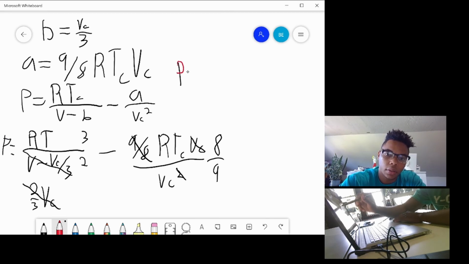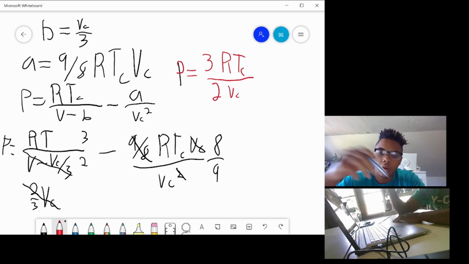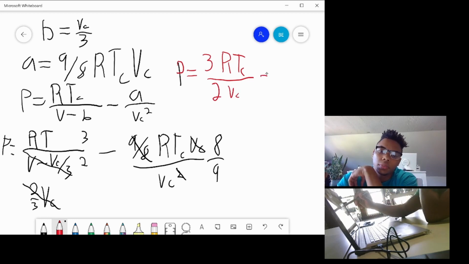P is equal to 3R times our temperature at a critical value over 2 of our critical volume, and that's going to be minus 9/8, because 9/8, 8 times 9, of RT at a critical volume over Vc.